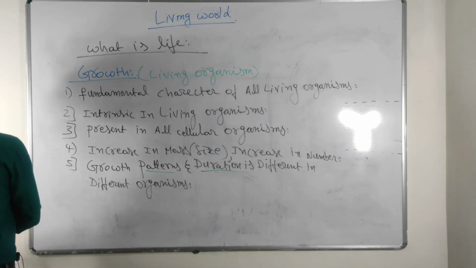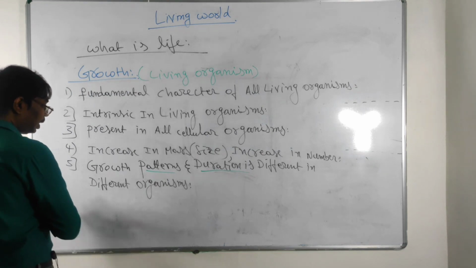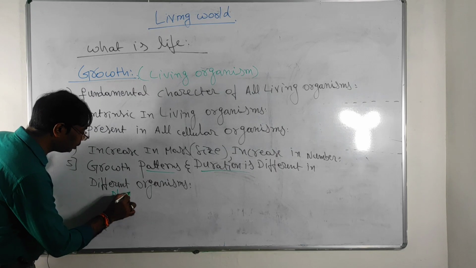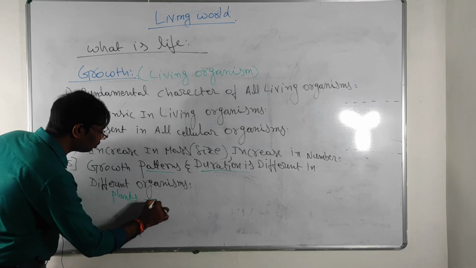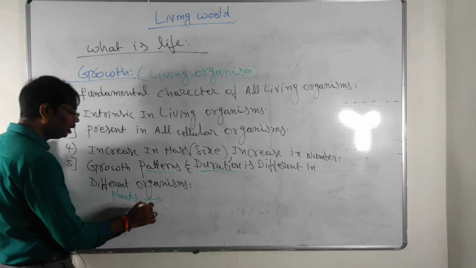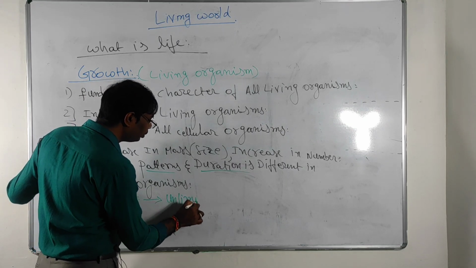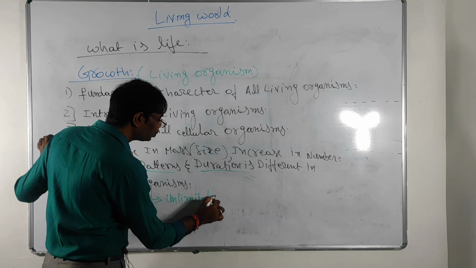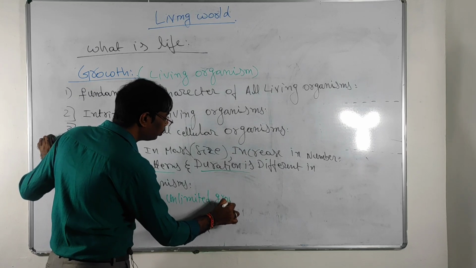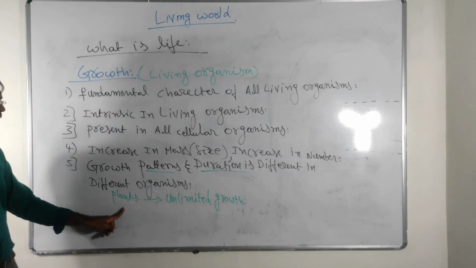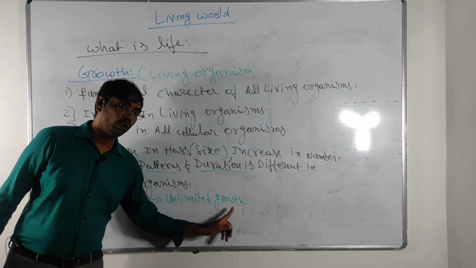See here in this example, what kind of growth do plants have? Limited growth or unlimited growth? Yes, unlimited growth, continuous growth. The plant is able to grow up to death, that is called unlimited growth.